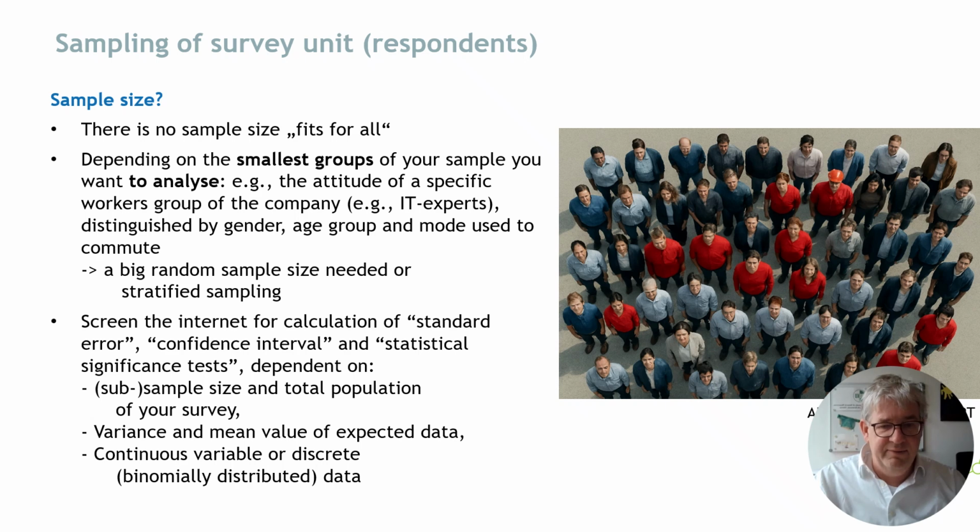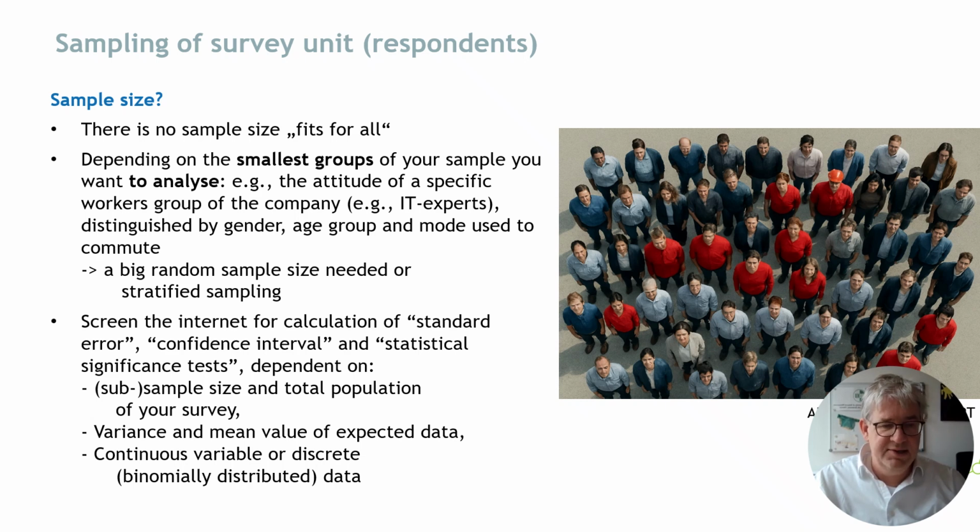And then very soon you come up with a very small group size. If you want to ensure that you have enough data in this group, you need a very big sample size.